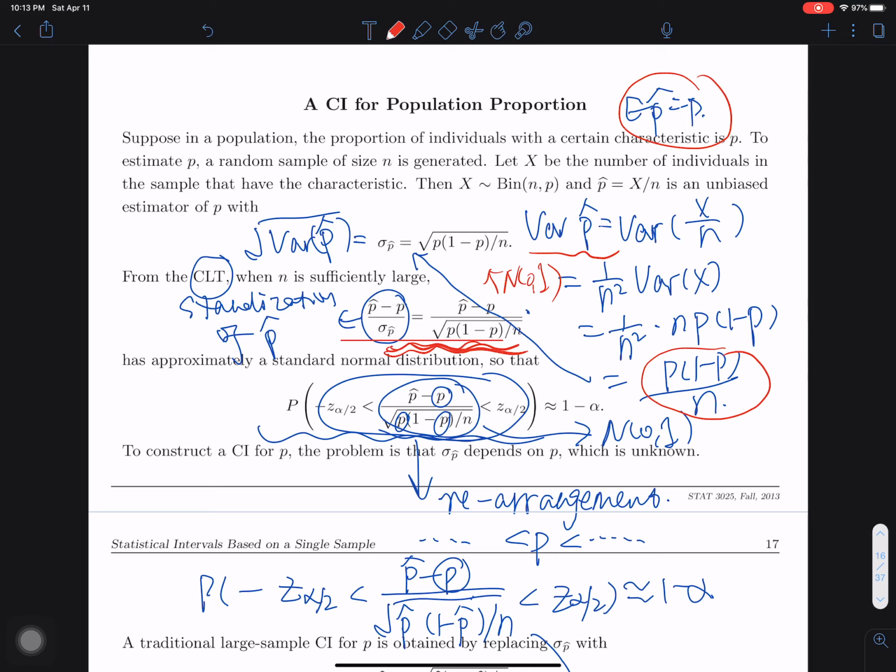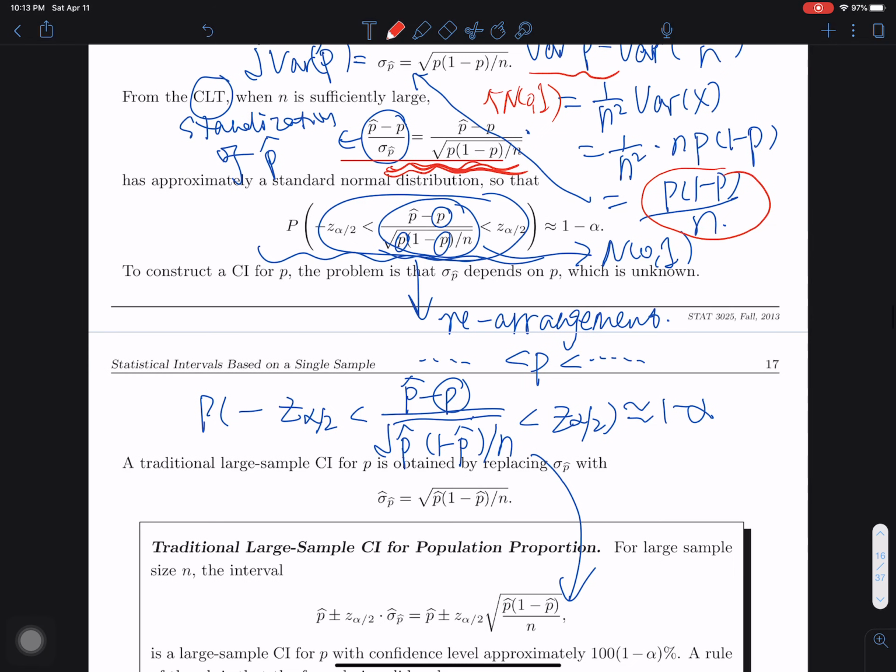And by the property of the standard normal distribution, we have the following equation. Then by rearrangement of this, we get this inequality: p is greater than a lower bound and p is less than an upper bound.